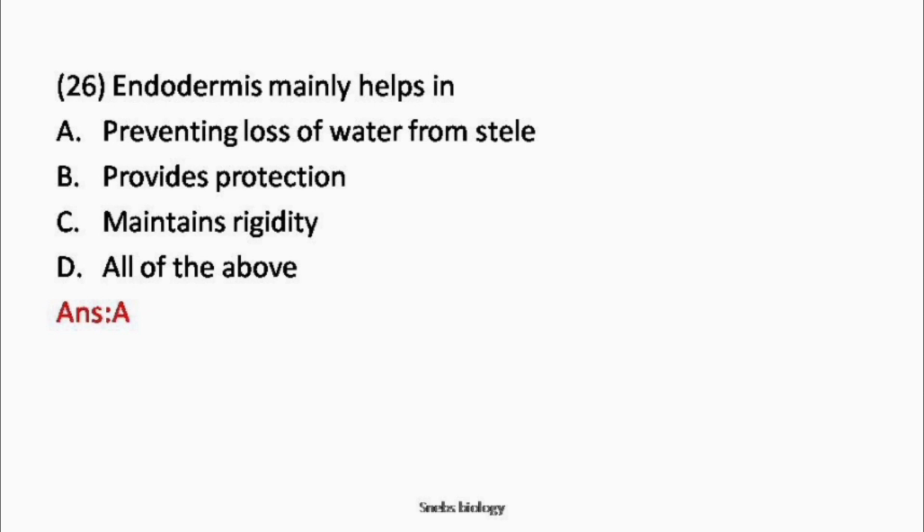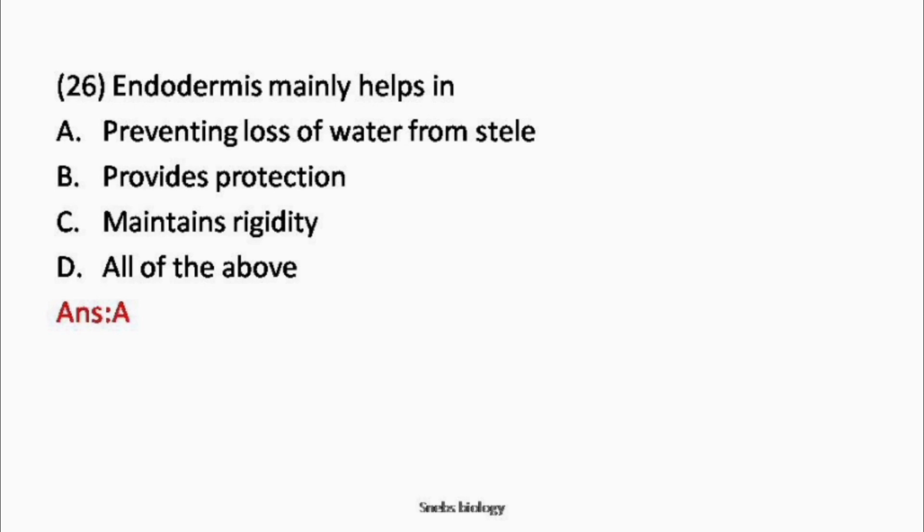Next, question number 26. Endodermis mainly helps in option A preventing loss of water from stele, option B provides protection, option C maintains rigidity, option D all of the above. So endodermis, also called starch sheath, is the innermost layer of cortex.